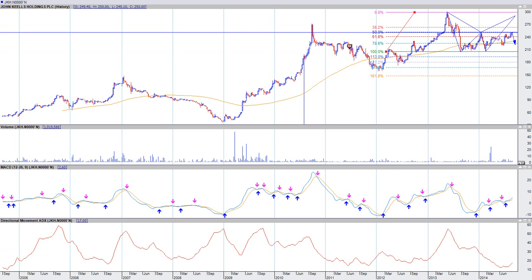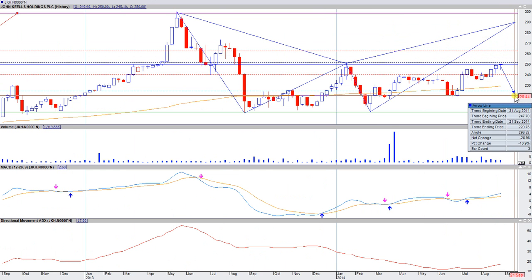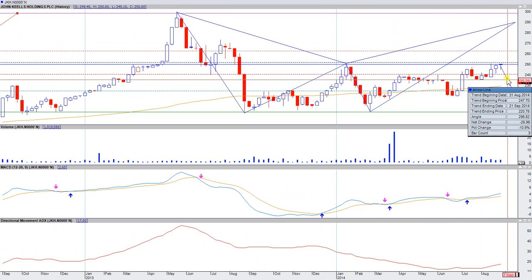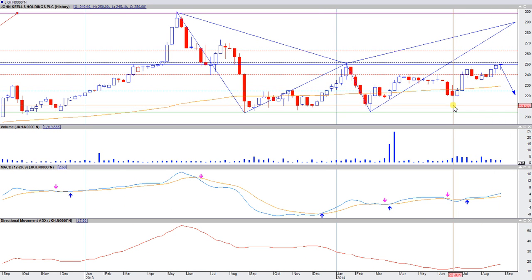What we are saying here is that this can go here, can come for further, probably can find a support around 220, or a support in this region as well, so 235. So in an extreme scenario, I prefer it to come back again.